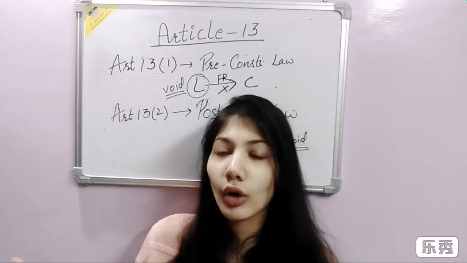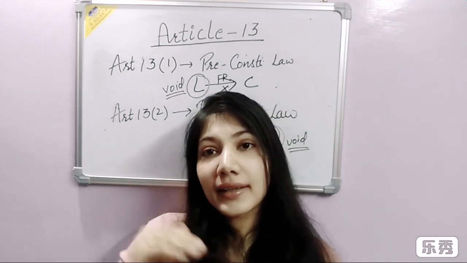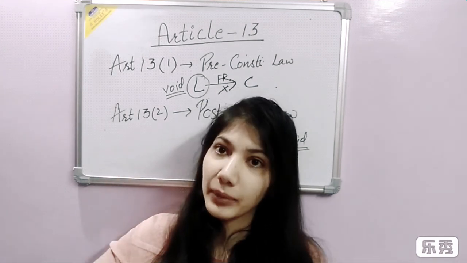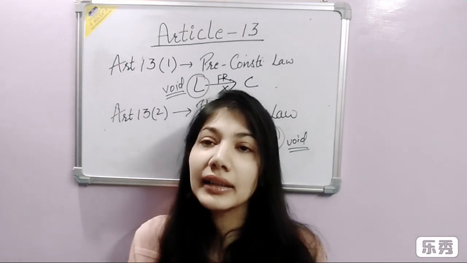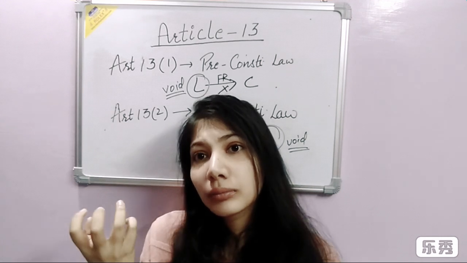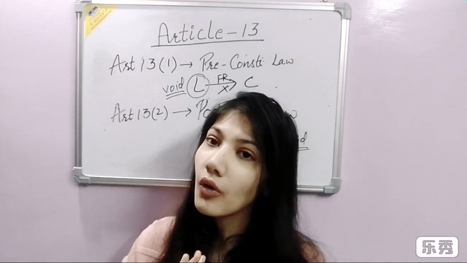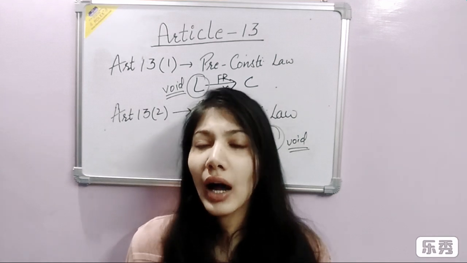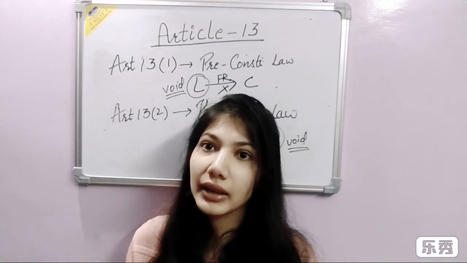The fourth point: if we can separate the valid part from the invalid part, but together they provide some meaning of the provision, the whole part will become void. I hope it is clear, this is all about the doctrine of severability.